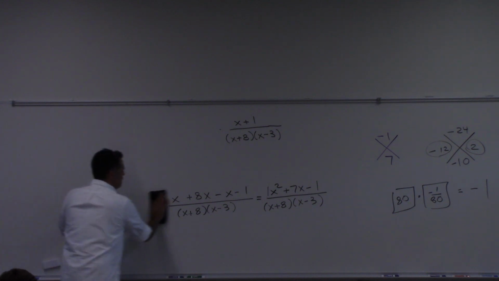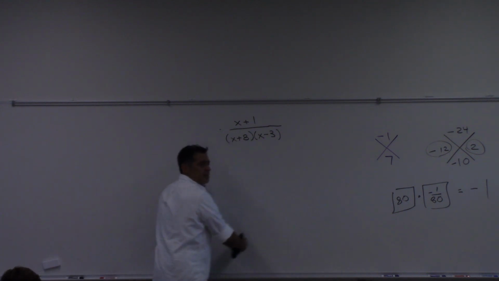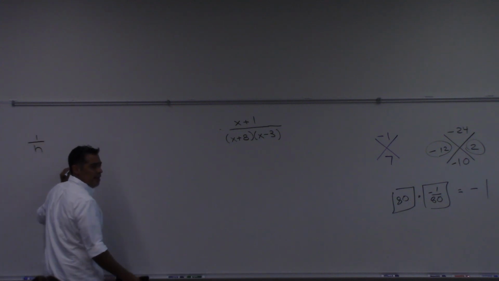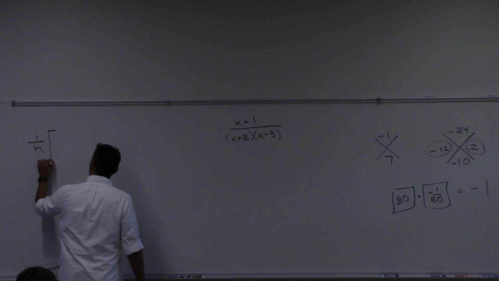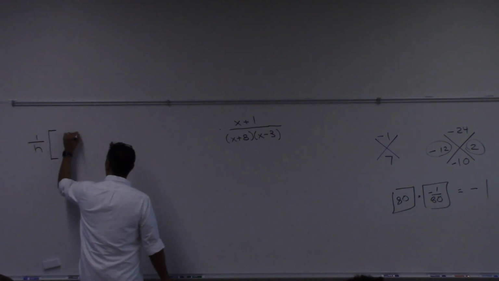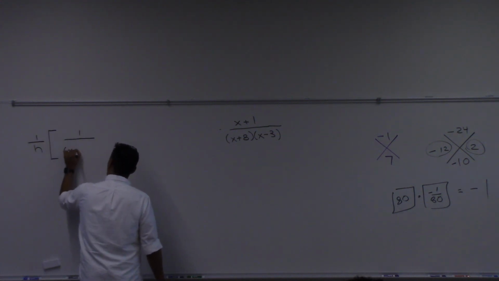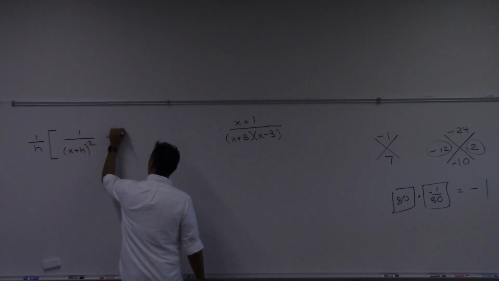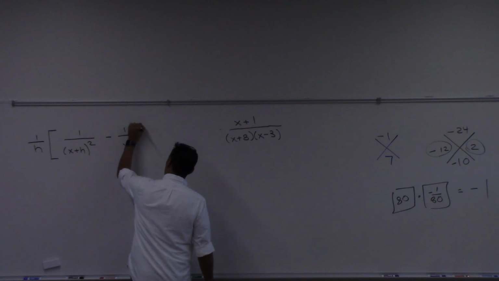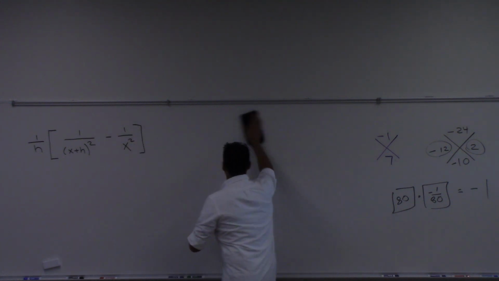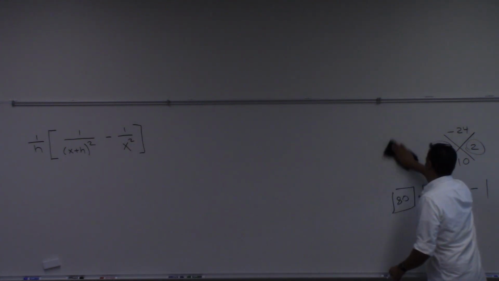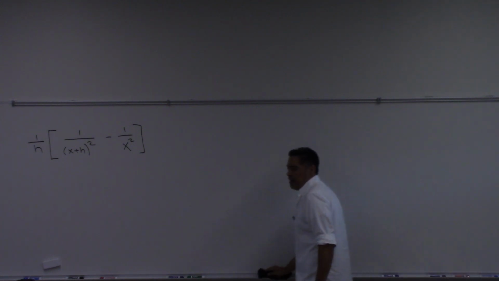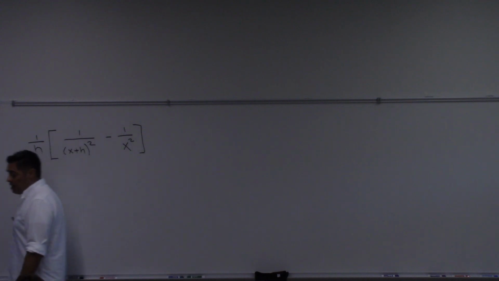Okay. All right, so let's see. This one right here, 1 over h, weird. Okay, we have h in here now. And then bracket 1 over x plus h squared minus 1 over x squared. All right. So let me just preface this problem with a little bit of background. This expression that you see right here comes from calculus.